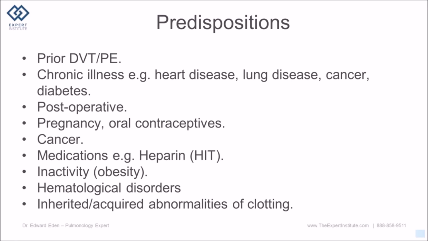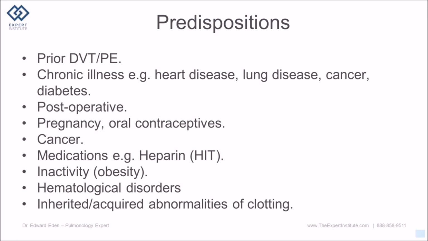These predispositions should be evaluated and would lead the care managers and the carers to increase the amount of prophylaxis that's suggested for these individual patients. And I should stress that each individual patient has their own particular risk factors.